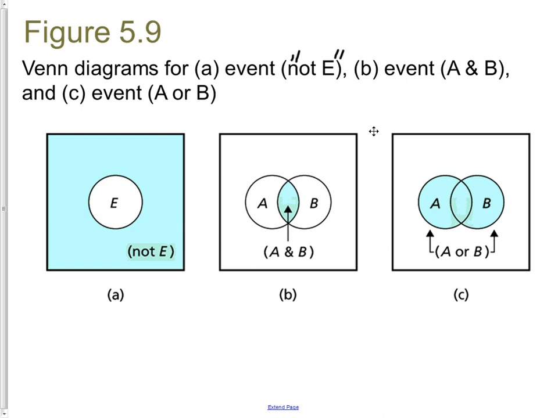Another event that we could talk about is the event A and B. That is, if we have two subsets and we had a set that fell within those two sets, then we could call that the event A and B together. So if we had a red card that was less than 10, for example, let's talk about that.